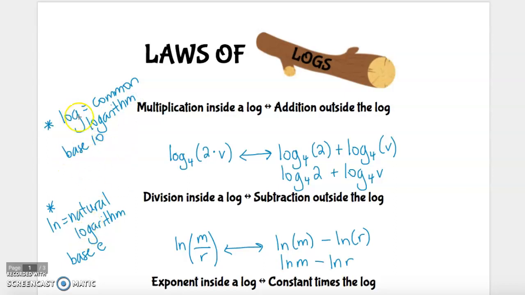Those are the only two logs you'll see without bases. If you see a regular log, like log of 14, it has a secret base of 10. And if you see a natural log of b, it has a secret base of e. If it says log, that has a base of 10, and if it says ln, that has a base of e. Then I could put numbers or variables in either of these.